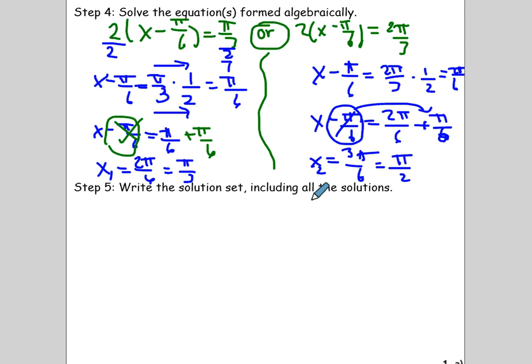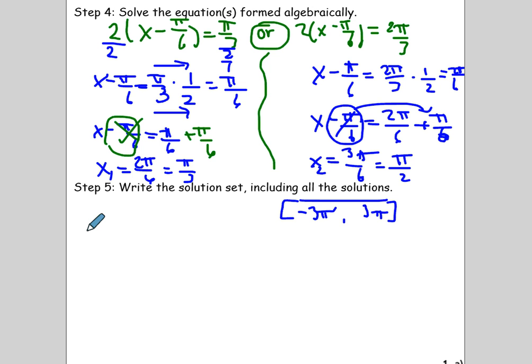Now we have to find all the solutions, because they're asking us to go from minus 3 pi to 3 pi. So right now, the two solutions that we found were in the first quadrant, pi over 3 and pi over 2, right? So we need to find what are the other solutions.